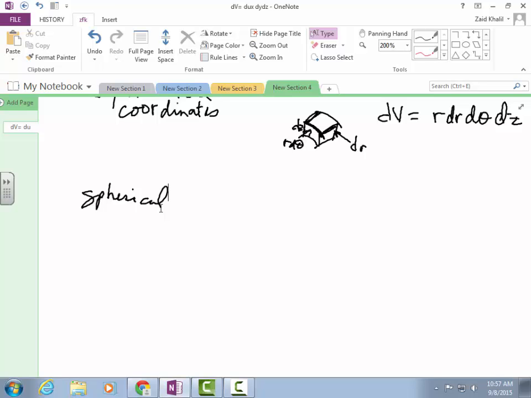What I'm going to do is take a point on here. Spherical coordinates is exactly the coordinate system used to specify a place on Earth. How would you specify a location on Earth?